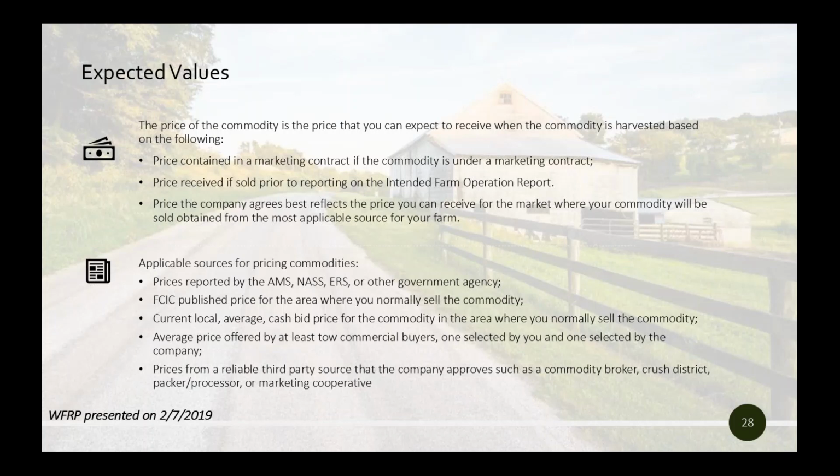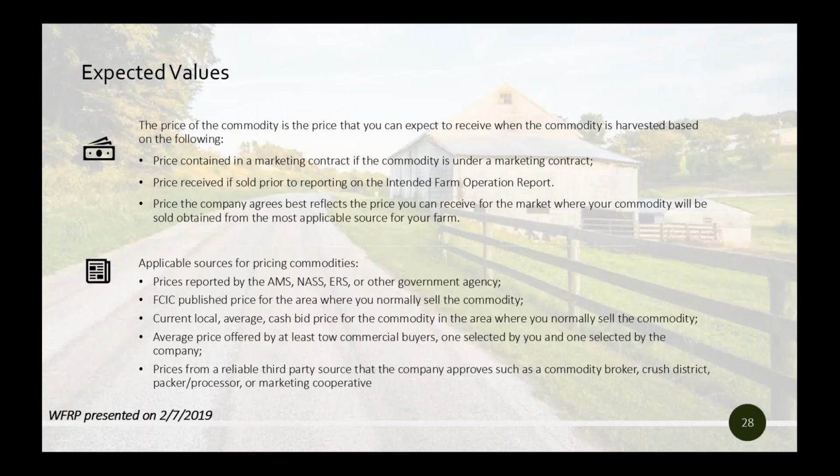And then finally, the price that the AIP, the company, agrees best reflects the price you can receive for the market where your commodity will be sold, obtained from the most applicable source for your farm. In other words, you need to have the documentation that your agent agrees reflects what you can receive. We'll get into more what that is later, that the company accepts.